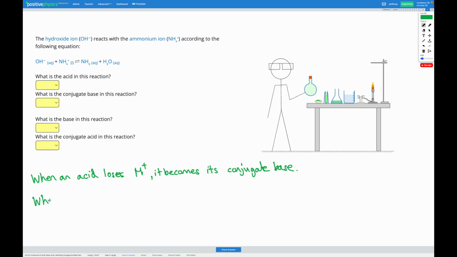When a base gains H+, it becomes its conjugate acid.